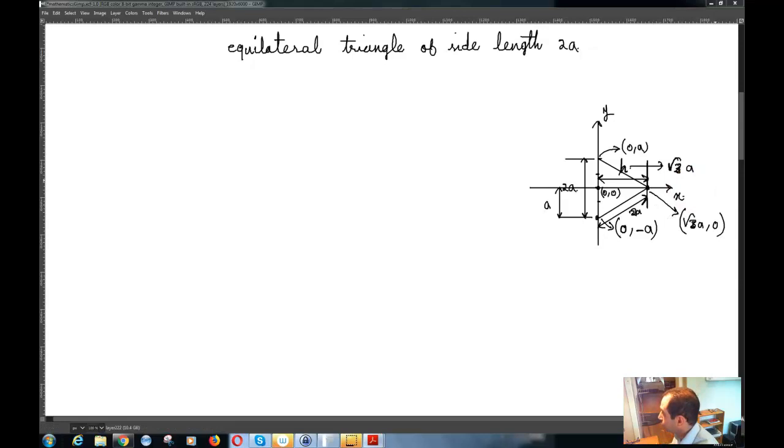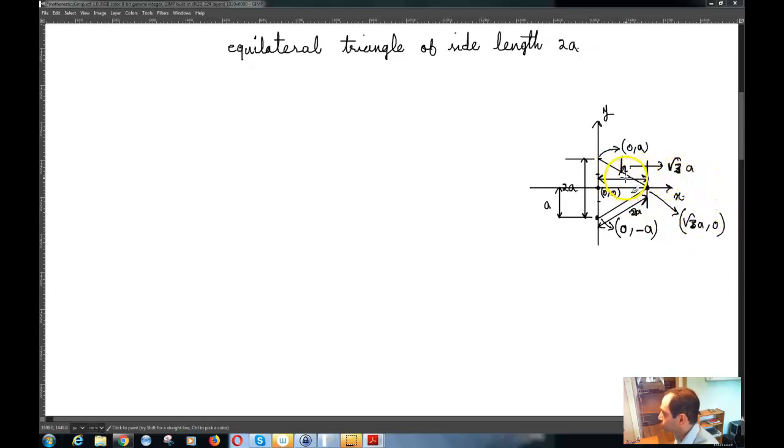Let's see what the answer actually is. So then the vertices would be 0, a, 0, negative a, and square root of 3a, 0.